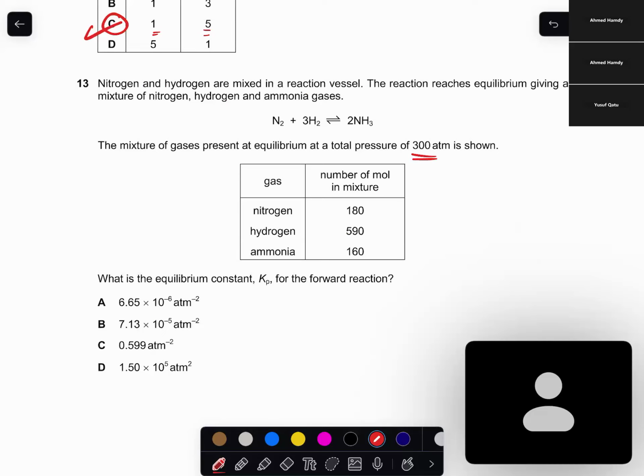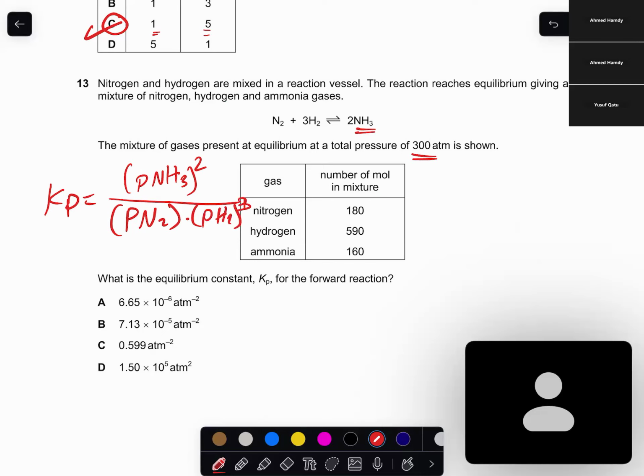We know that the expression for the Kp equals the pressure of NH3 to the power of 2 over the pressure of N2 times the pressure of H2 to the power of 3.